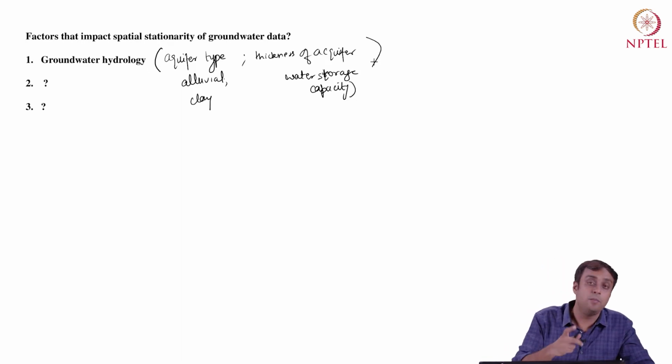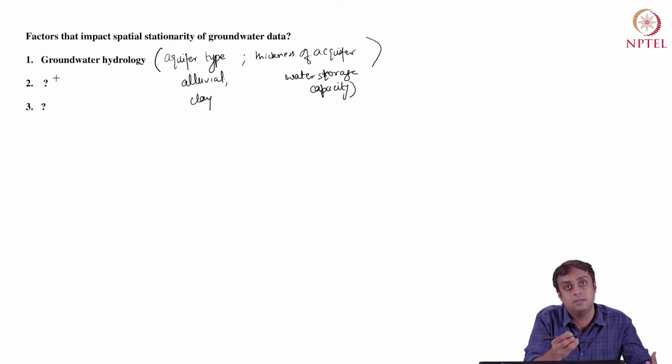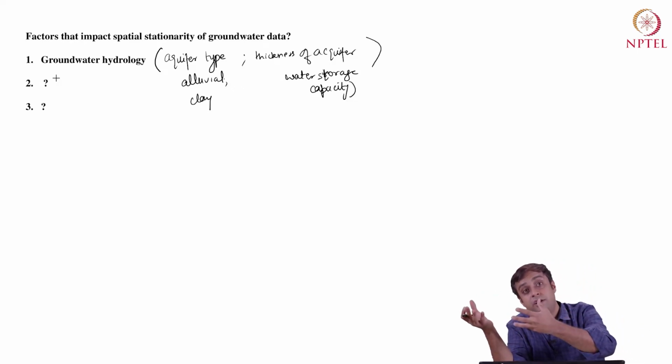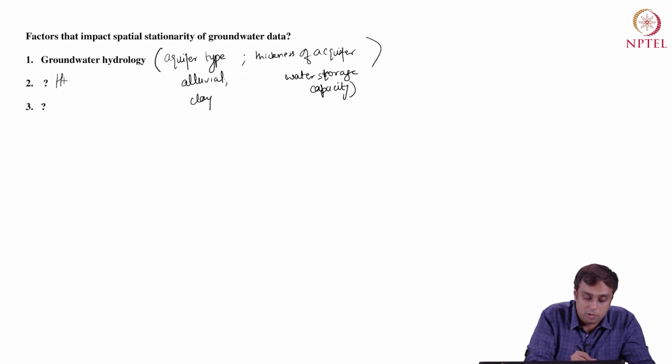So the second very, very important factors that will drive whether or not a domain is stationary for groundwater discharge is going to be the human dimension or the human impacts, right?